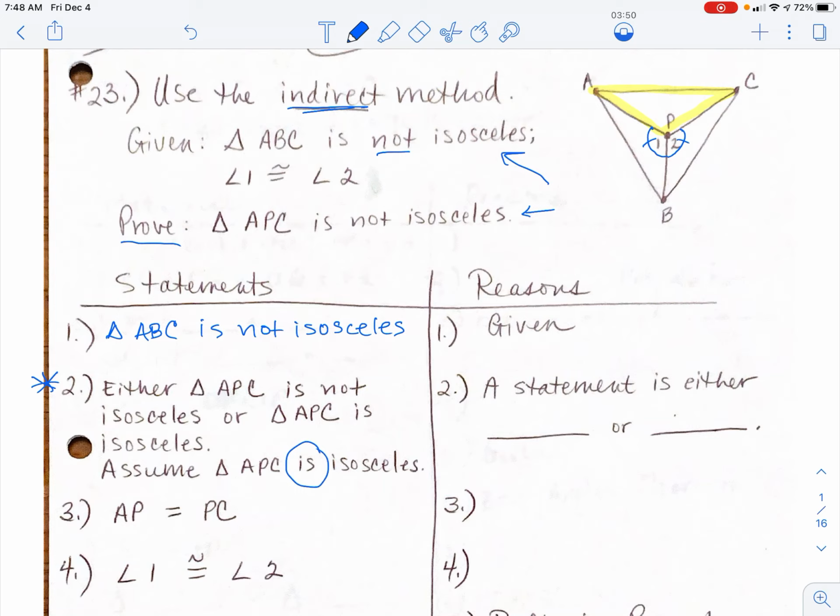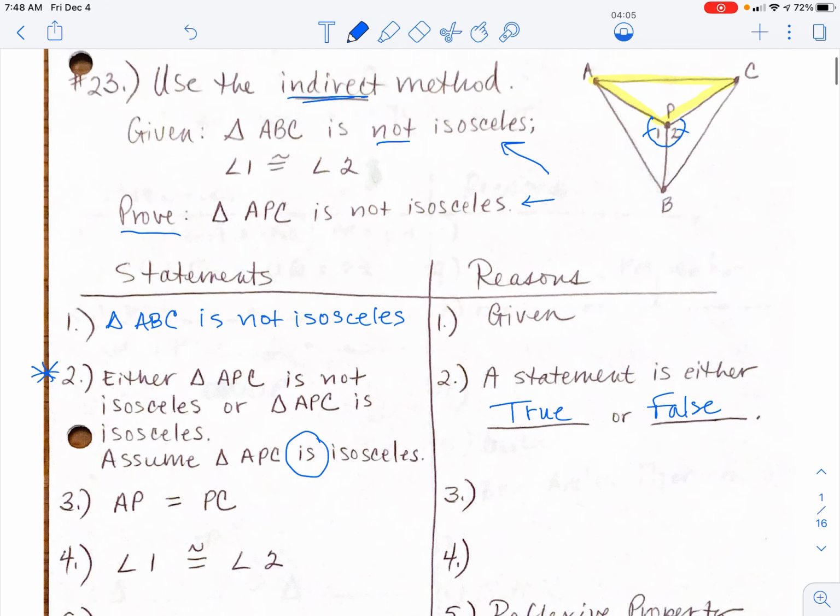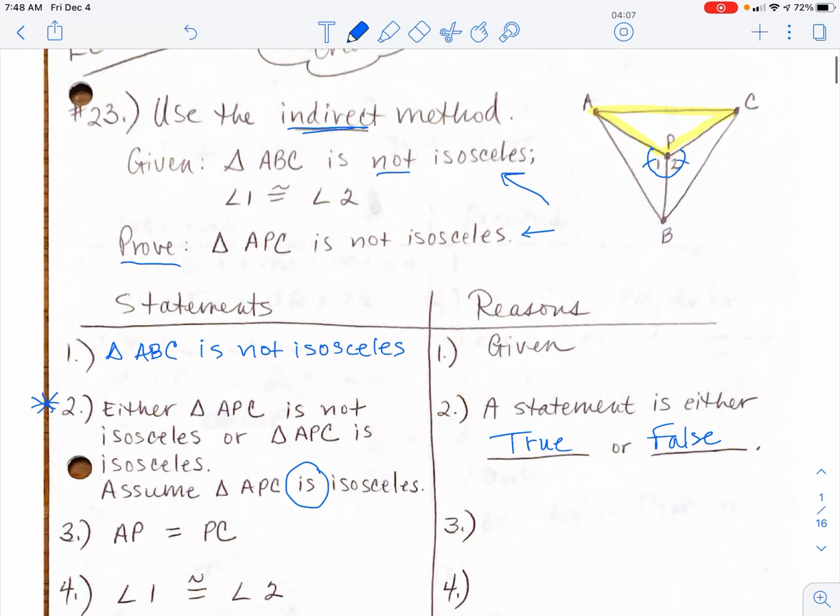We're going to assume that it is isosceles. So we're going to go against what we're trying to prove to show a contradiction in the given statement. A statement is either true or false. Number 3, if APC is isosceles, then AP would be congruent to PC.